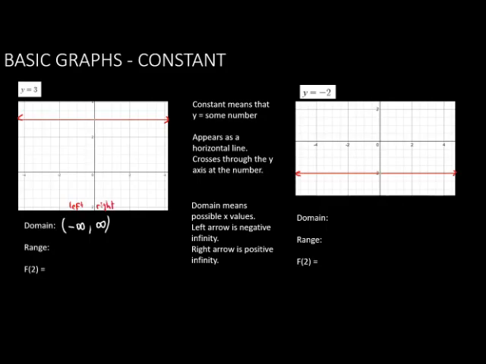Now, if we are asked about range, those are the possible y values. We can see here that our only possible y value is the number 3, because no matter what x is, y must always be 3 for this function. Therefore, to write the range here, we'll put the range in curly braces, which will look like this symbol I'm drawing now.